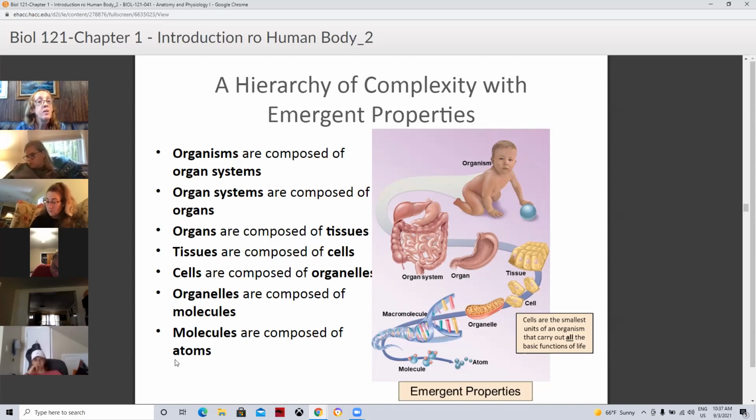And it goes up until organ systems are interacting with one another to perform the function of producing a whole organism and allowing survival and life of a whole organism. One thing to remember here is that cells are the smallest basic units of an organism that can carry out all the basic functions of life, which we'll talk about in a little bit.